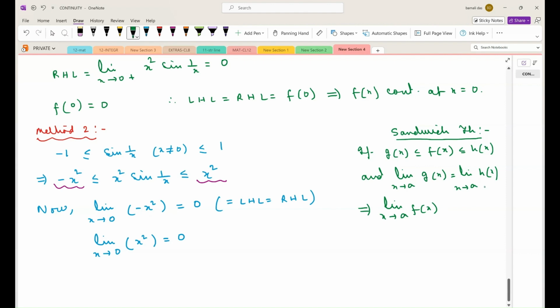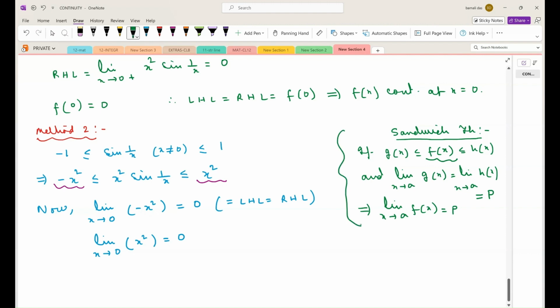Suppose this common limit is some value, say p. Limit of gx and limit of hx is p. Then sandwich theorem says that the middle function as x tends to the same number a will also be p. That is what the theorem states.